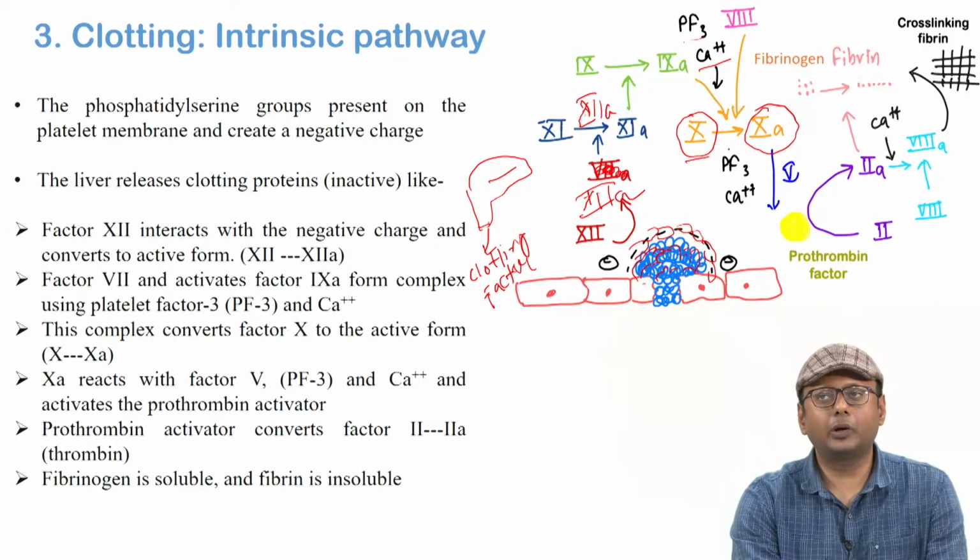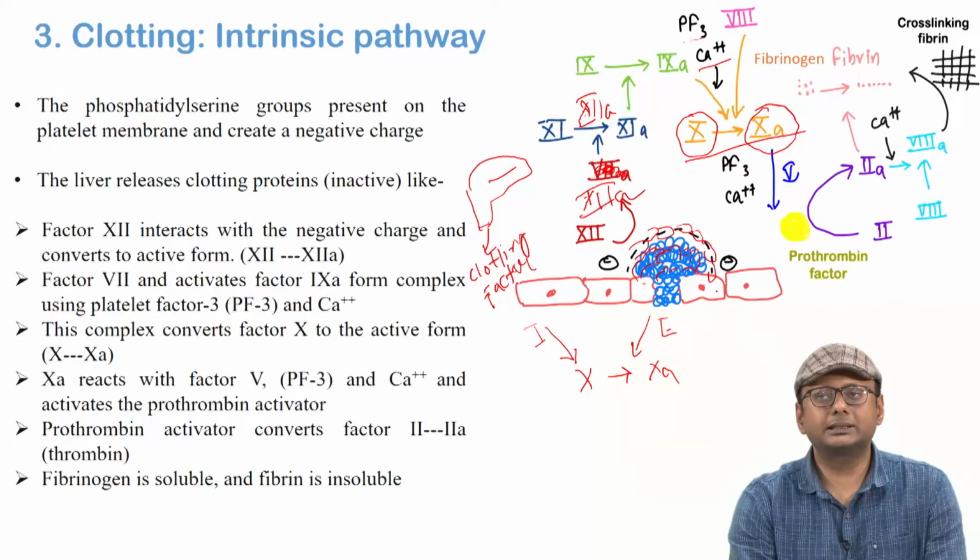This is very important to remember, that 10 gets converted to 10A. Why is it important? Because both the intrinsic pathway and the extrinsic pathway get merged here. So, that is why it is important to remember.